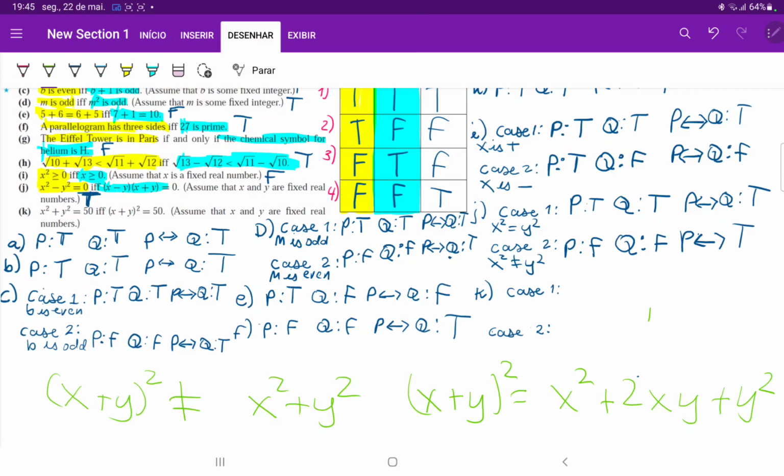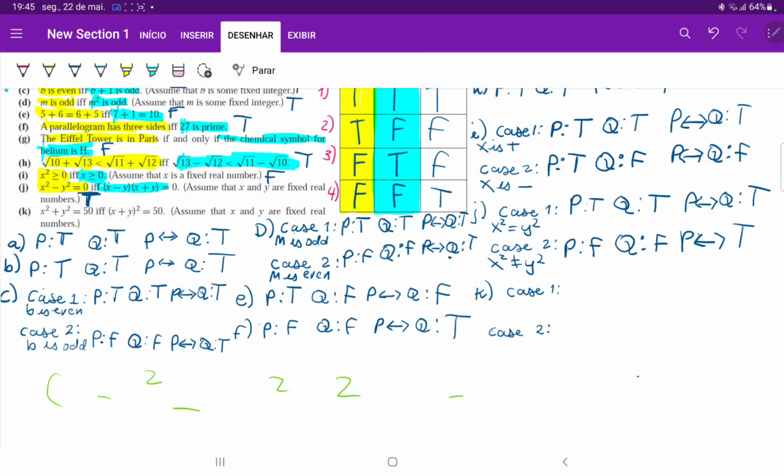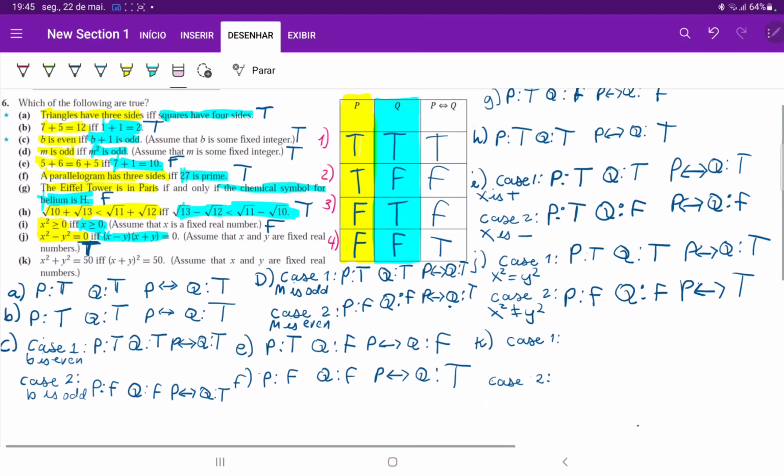So just a reminder that these are different statements. We have to consider both cases, where x squared plus y squared is equal to 50, and where it is not.